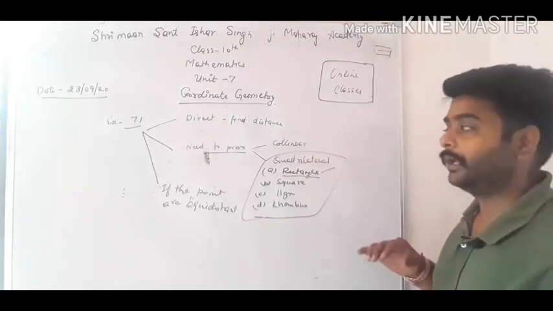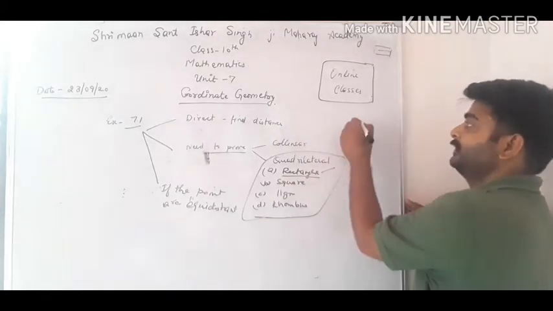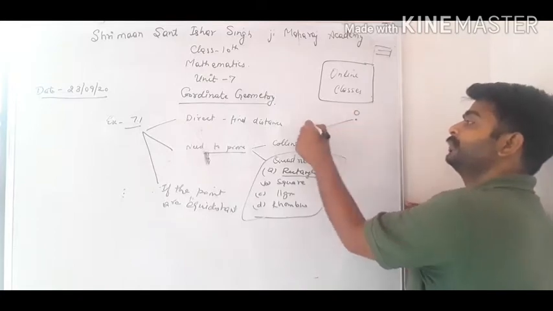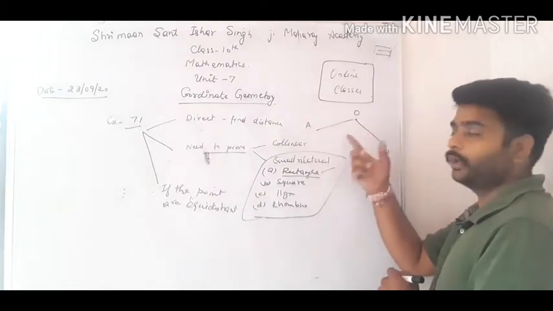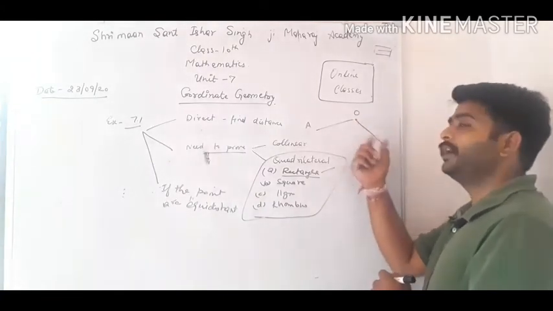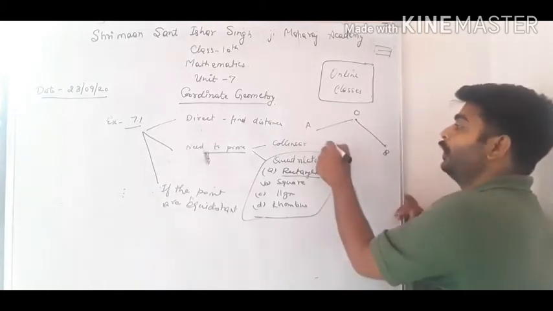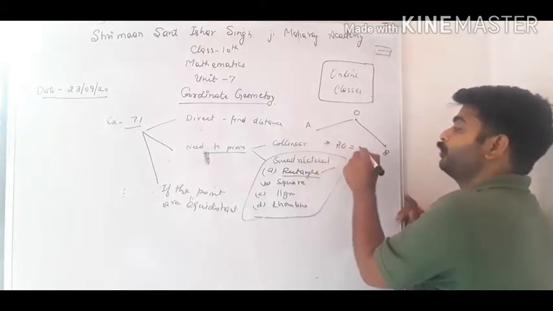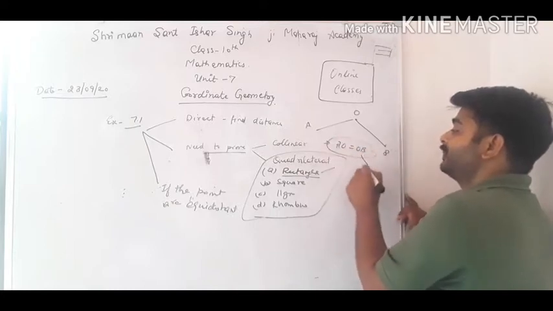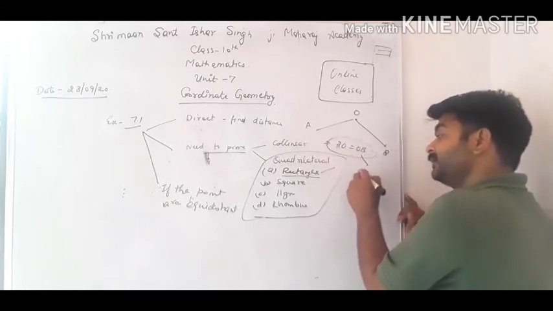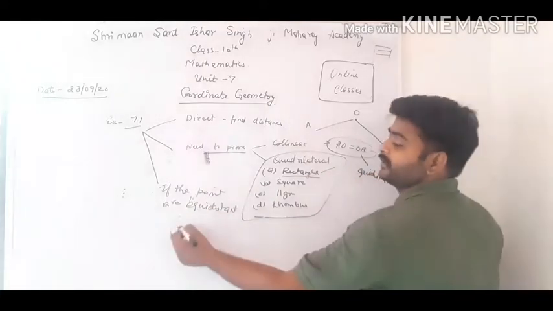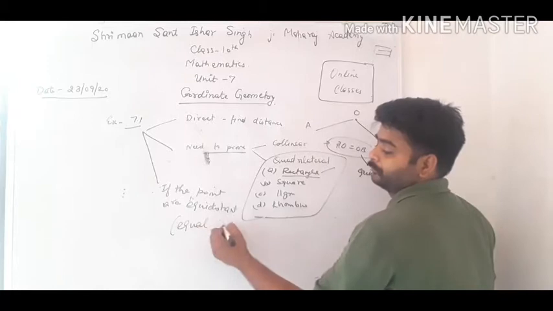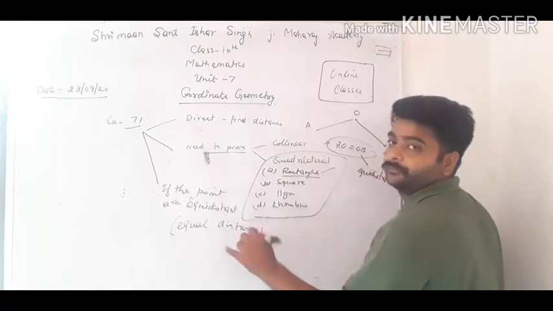Equidistant means I assume that this is the point O, this is the point A, and this is the point B. If the distance between O and A, that is OA, and O and B, OB, are equal, then the points are said to be equidistant. Equidistant means equal distance पे पड़े हैं, कोई भी दो पॉइंट है किसी भी एक पार्टिकुलर थर्ड पॉइंट से.